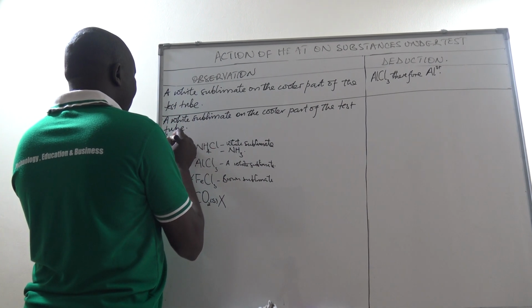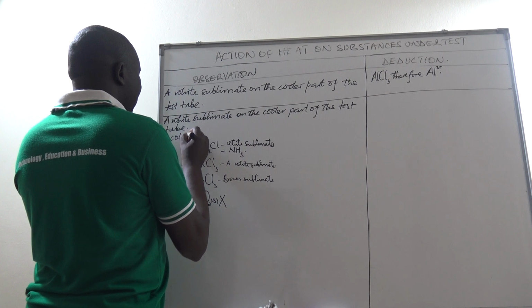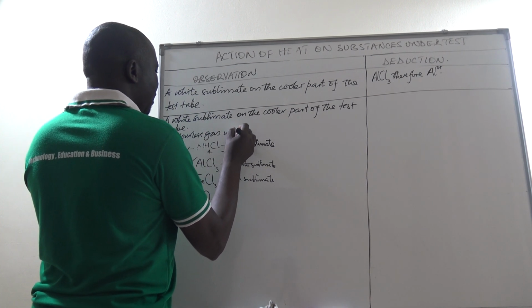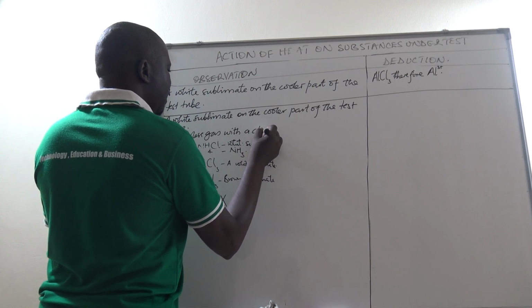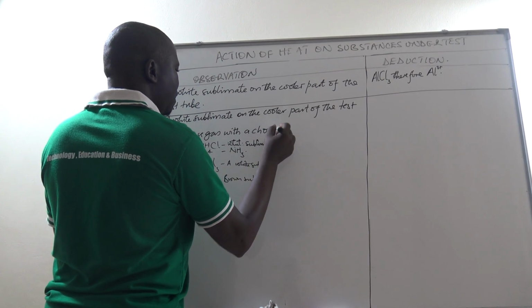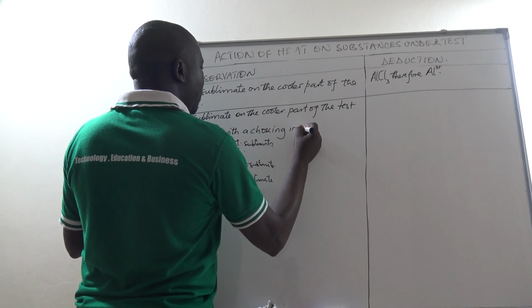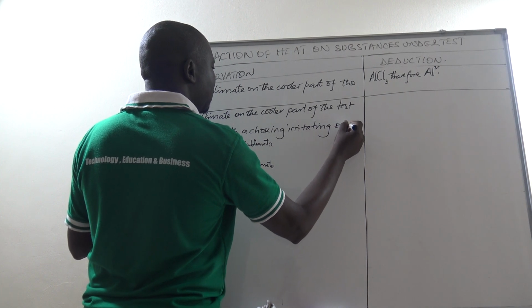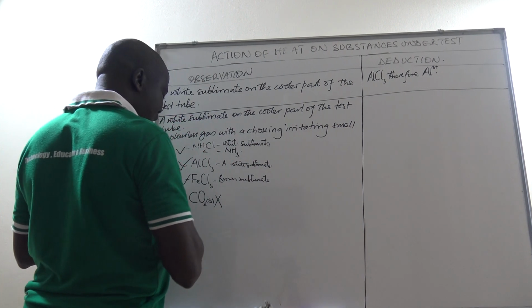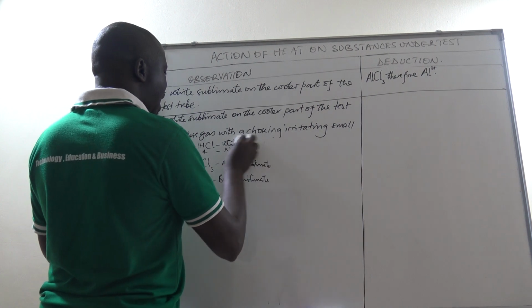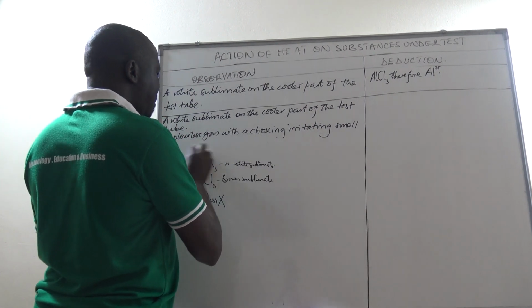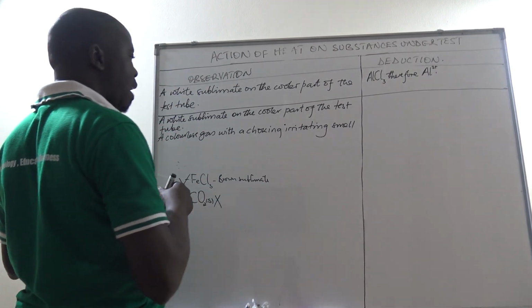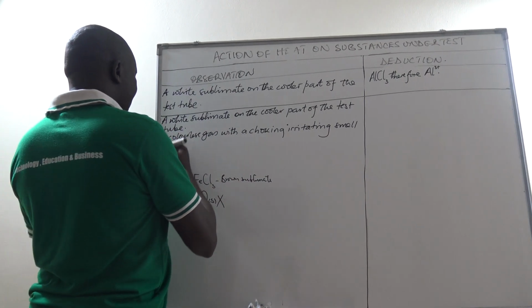So we also say a colorless gas with a choking irritating smell, and which turns moist red litmus paper blue, because in this case ammonia gas is an alkaline gas.